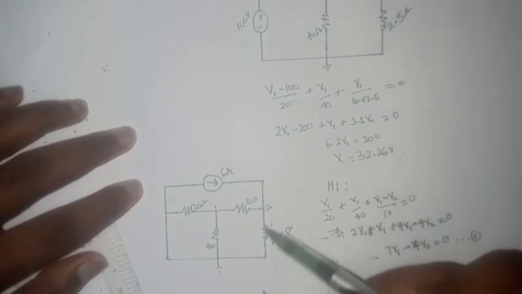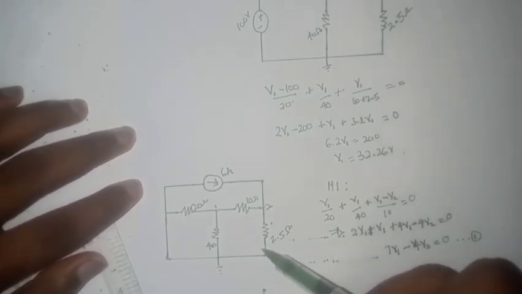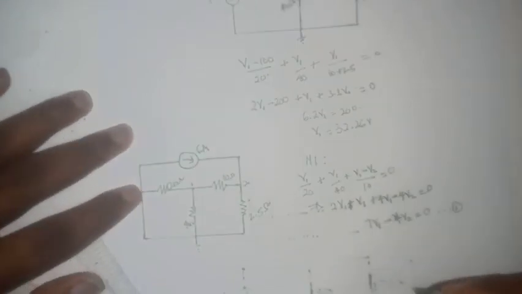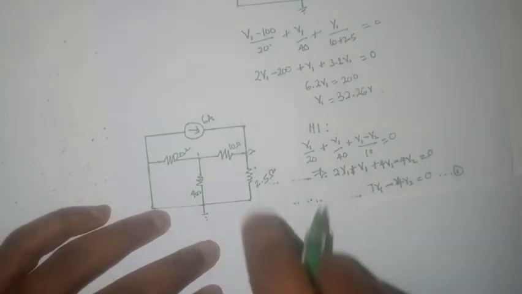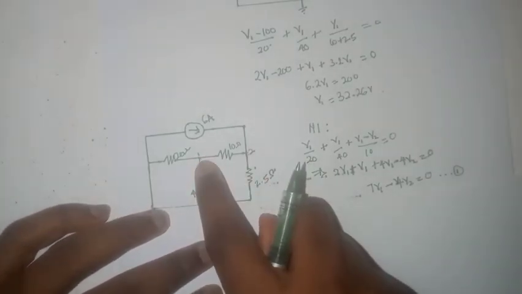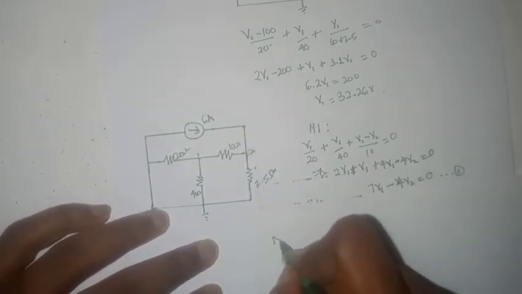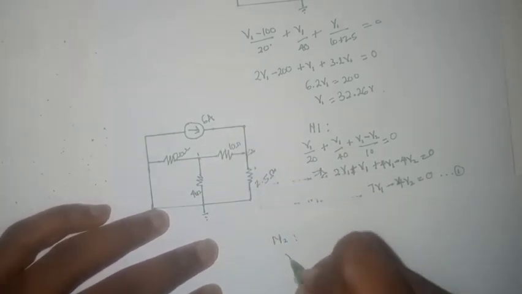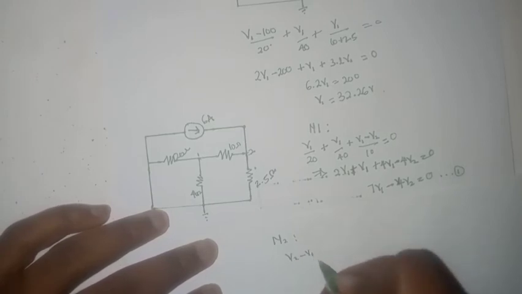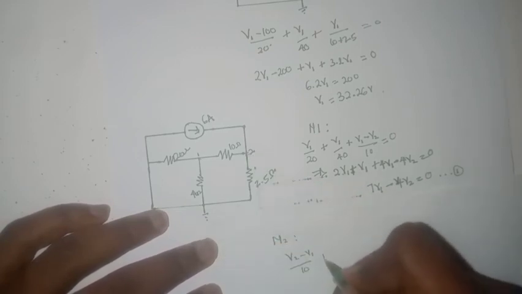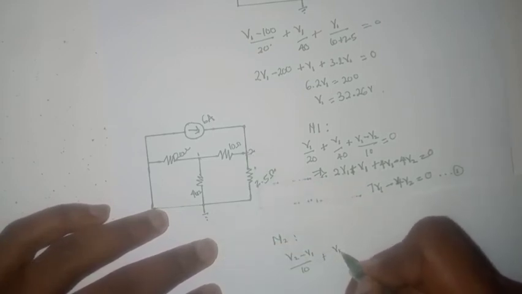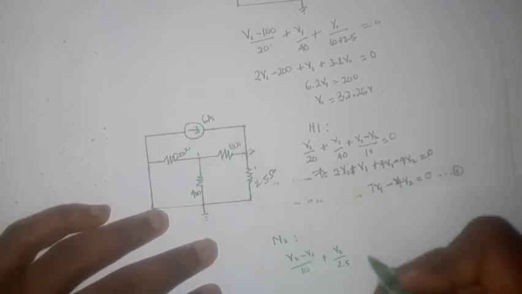We can then proceed to this next node and write a KCL equation at node 2. At node 2, the equation would be (V2 minus V1) divided by 10, plus V2 divided by 2.5, minus 6 equals 0.